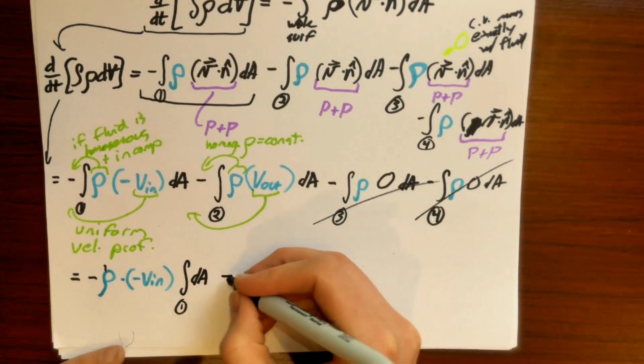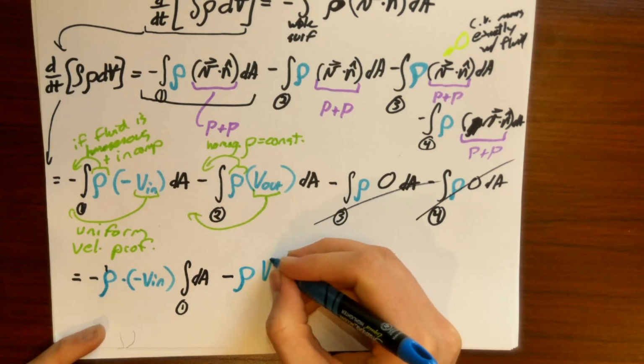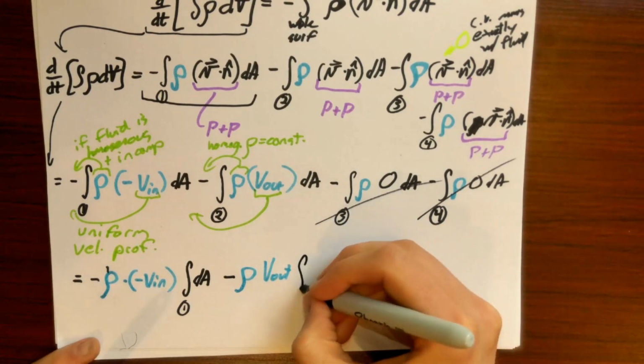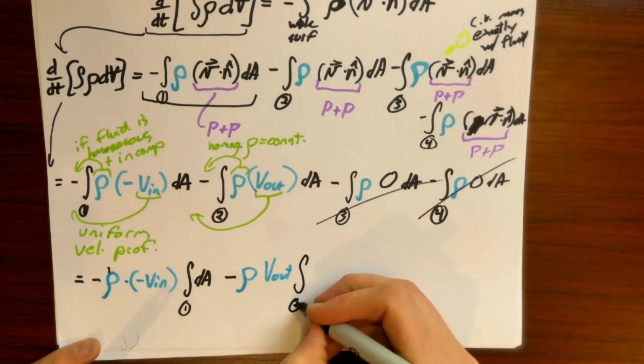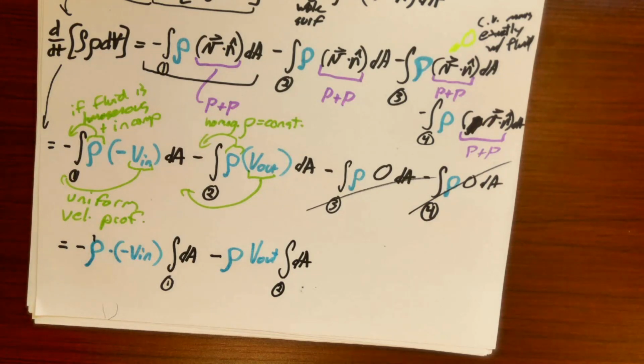And then we have minus rho v out, and then an integral over surface 2, where the only thing left in this integral is dA as well. Nice progress.